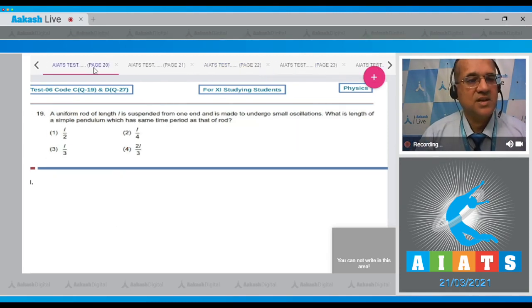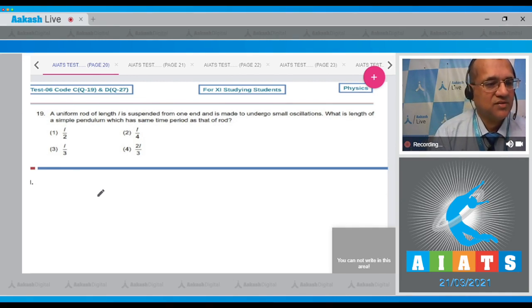Question number 19 says that a uniform rod of length L is suspended from one end and is made to undergo small oscillations. What is the length of the simple pendulum which has the same time period as that of this rod?